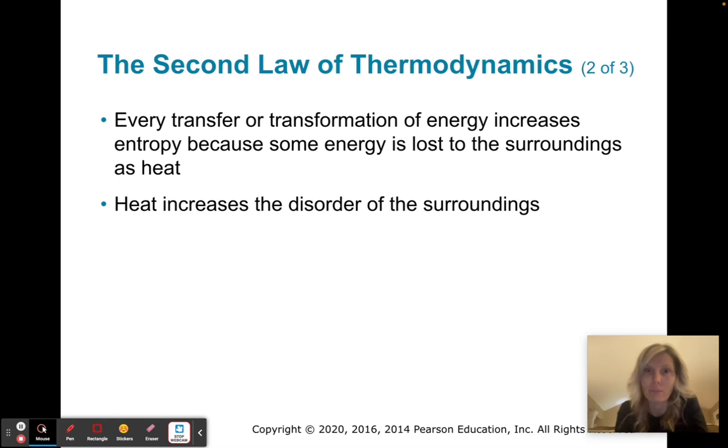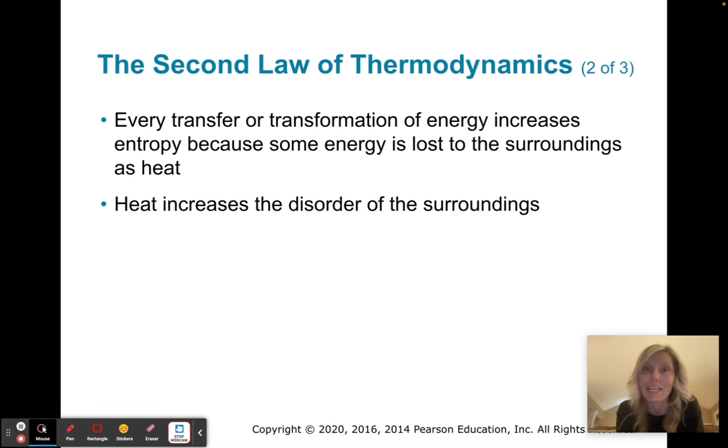And heat is a big deal here. I'm probably going to circle back to that picture so you can see that heat coming off. But saying that heat is lost is not the same thing as energy being destroyed. We're saying that as energy is transferred and disorder increases, some of the energy is lost in a usable form.